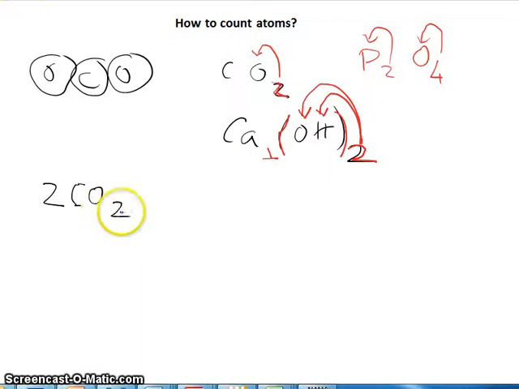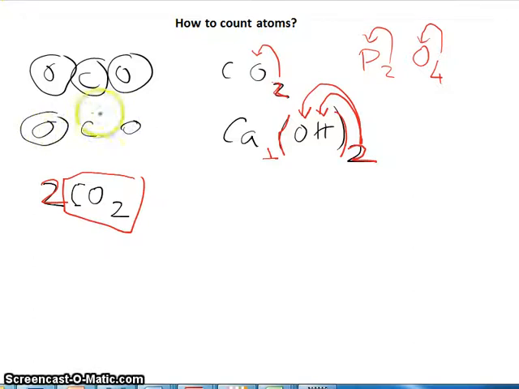What it means is that you have 2 of this whole CO2. So you would have 1 CO2 as I draw here, and then another CO2. So you have 2 CO2. The 2 in front implies that there's 2 of the whole thing.